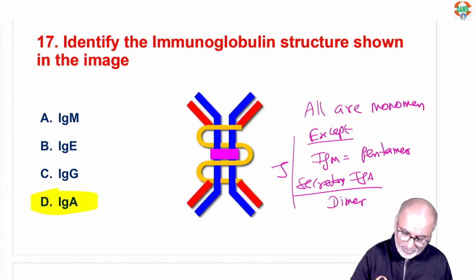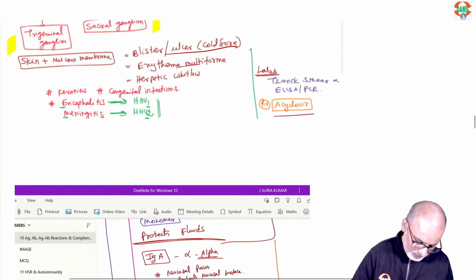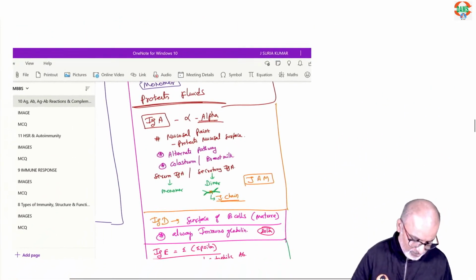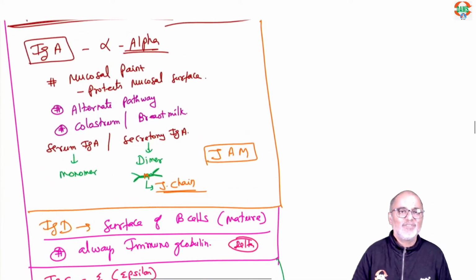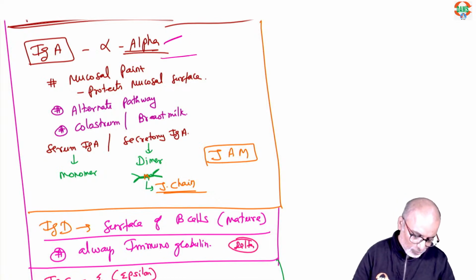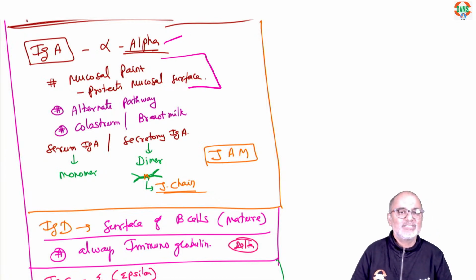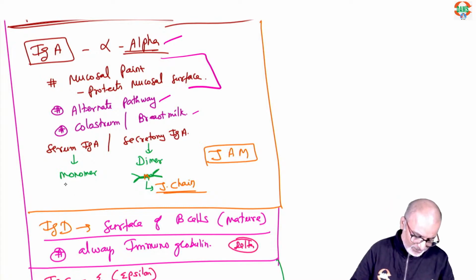Secretory IgA is dimer. See the picture. See the class notes. You see here? This is back to basics. I took the screenshot. IgA just 5 points. It is having heavy chain, alpha chain. It's called mucosal paint because it protects the surface. It activates alternate pathway. It's commonly seen in colostrum and breast milk. Serum IgA monomer, secretory IgA dimer, they possess J chain.